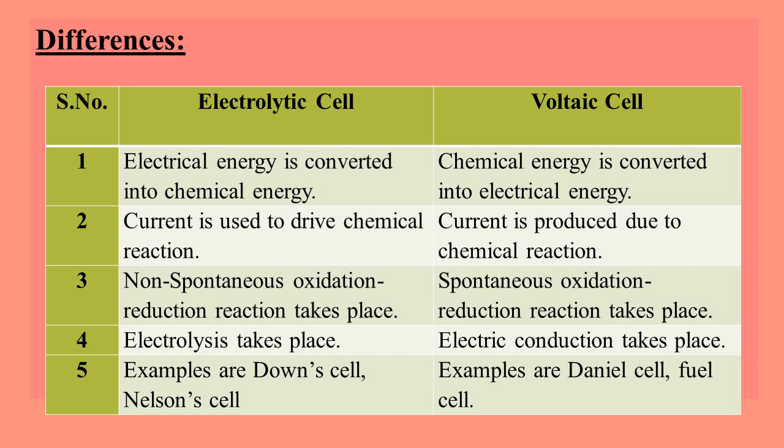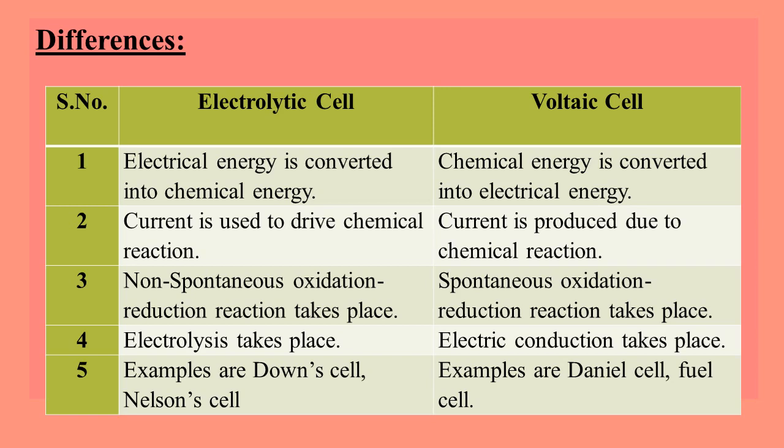Third difference is that the oxidation reduction reactions are non-spontaneous, while in voltaic cells spontaneous oxidation reduction reactions occur. The fourth difference is electrolysis takes place in electrolytic cell, while in voltaic cell electric conduction takes place.